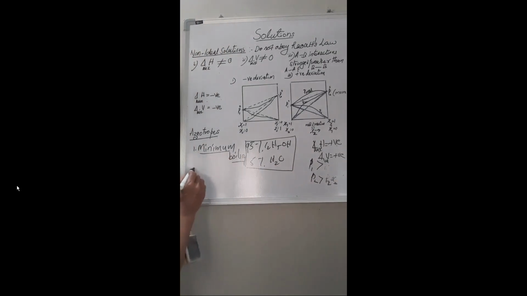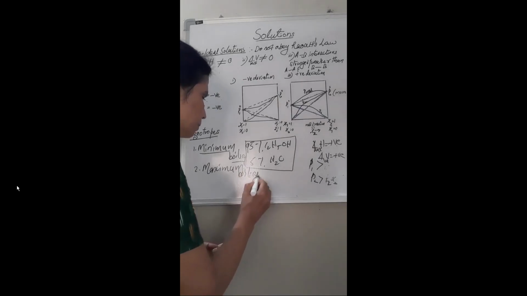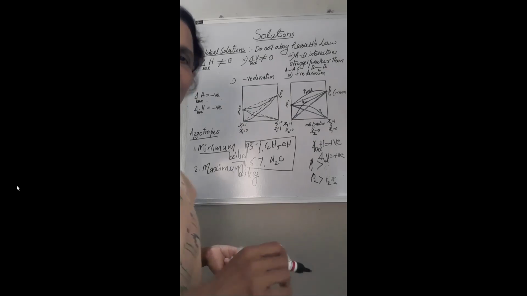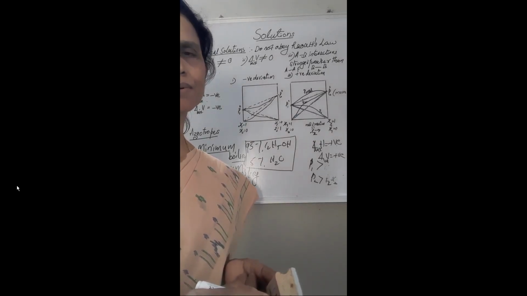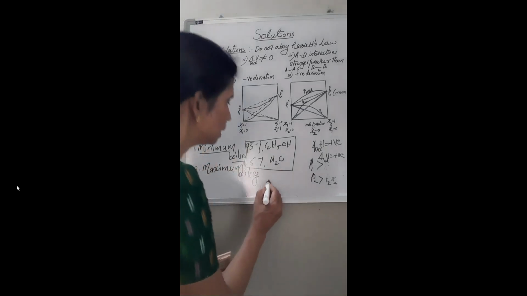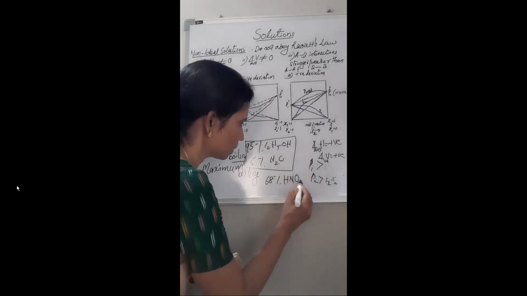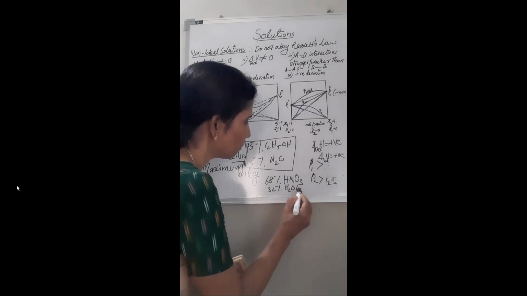Then the second type is the maximum boiling azeotrope. Just as in the case of a minimum boiling azeotrope, a maximum boiling azeotrope is a binary liquid mixture which boils at a temperature which is higher than the boiling points of the constituent liquids. An example is a mixture of 68% HNO3, nitric acid, and 32% water by mass.